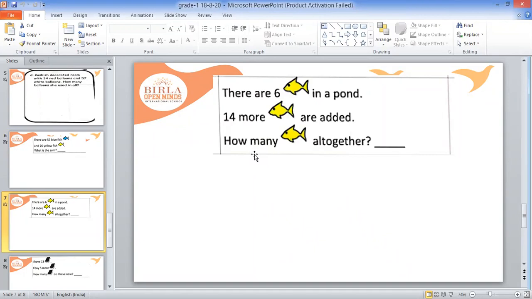Okay, so note down this question and you have to write down this question in a new page. This is, there are 6 fish in a pond. 14 more fish are added. How many fish altogether? Write down this question fast in your math notebook and please write it in a new page.